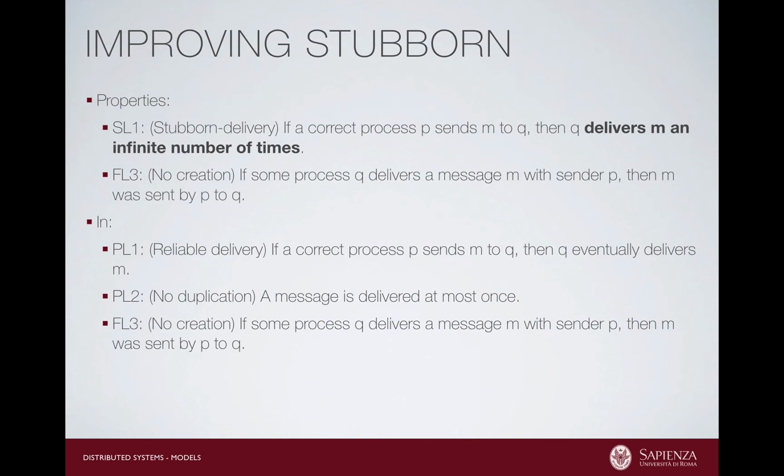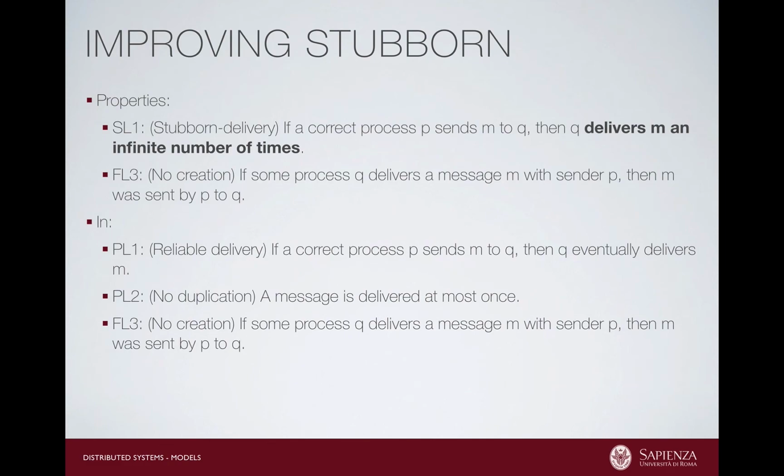It's obvious why, because nothing will go through the link, so you cannot deliver something more than once, and you cannot deliver something that does not exist because it's just a piece of copper. And at the same time, if you have just safety properties and no liveness property saying that something happens, then you cannot use anything.